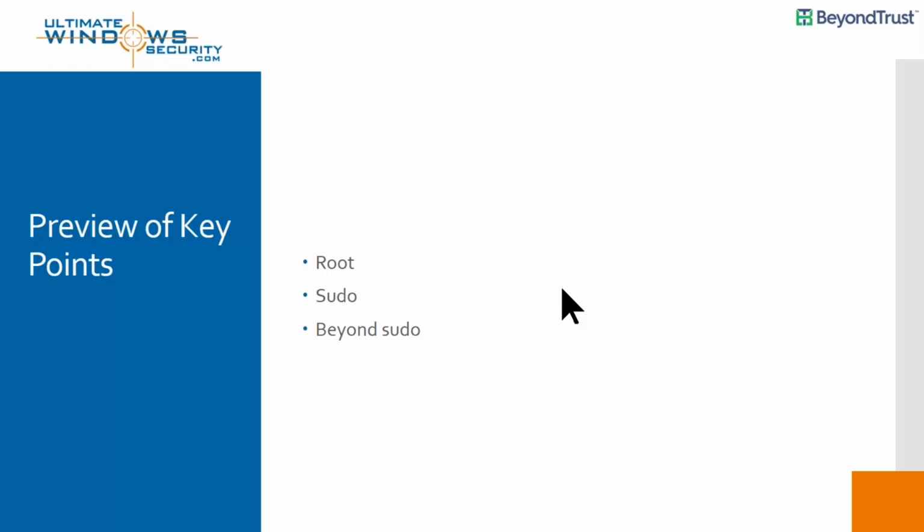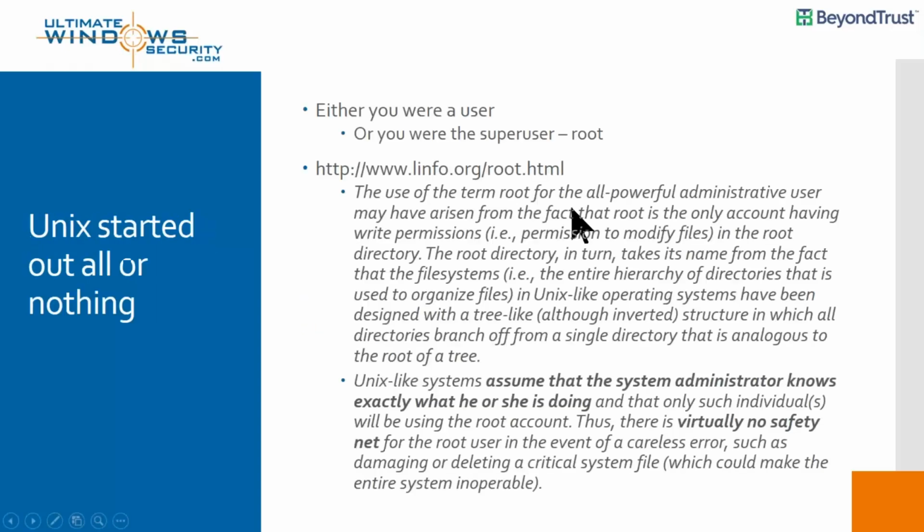Sudo is all about controlling what users can enter on the command line, what commands they can run as root, whereas we're going to take it from the opposite direction and say, okay, what if we give somebody root access? What can we prevent them from doing? But there's more to it than that, so let's jump into it.